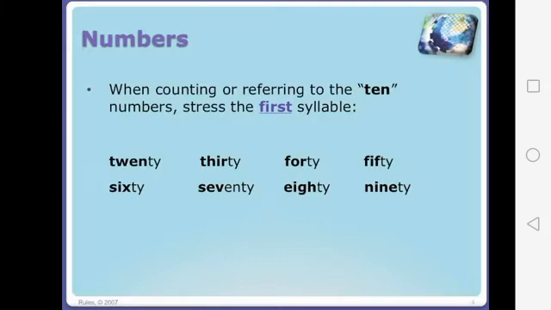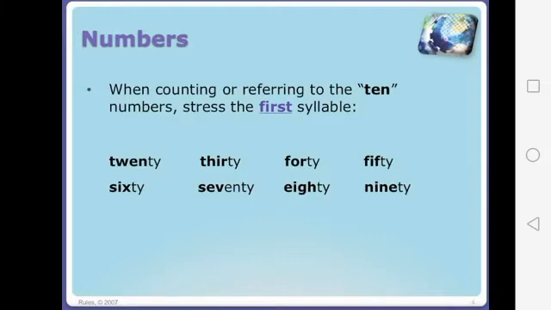The same thing to 40. You have to stress the FOR syllable. Put the stress on it. The same thing to 50. You have to put the stress on FIF. The same thing to 60. The same thing to 70. You have to put the stress on 7.